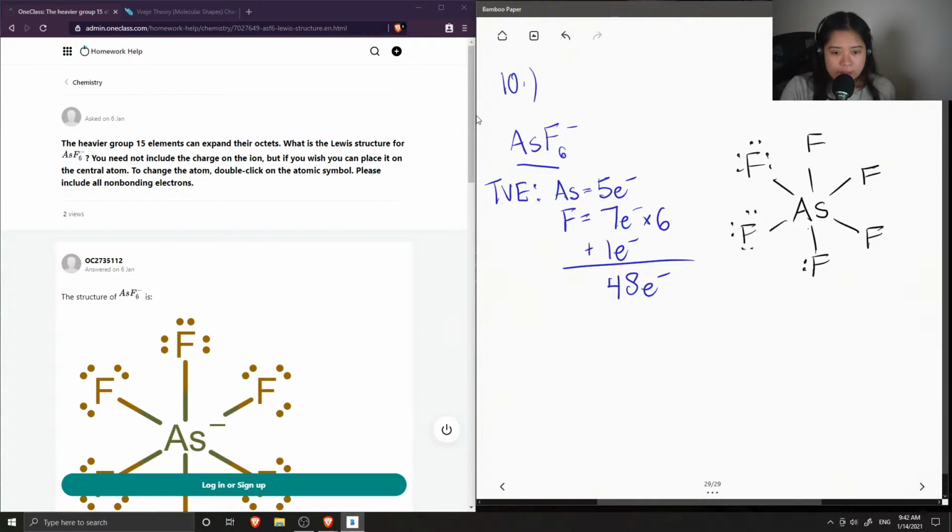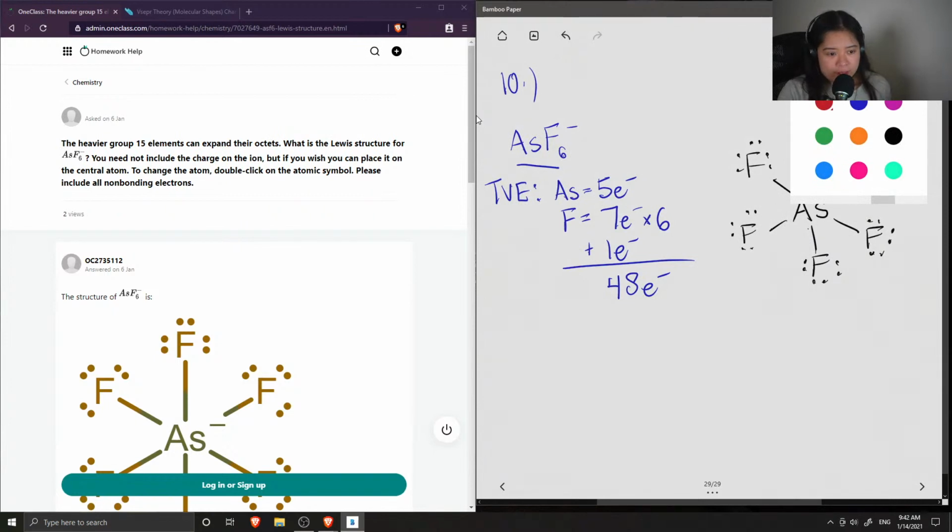Then from here, we can count out how many electrons I've drawn so far. Each bond contains 2 bonding electrons, and each of the fluorines contains 6 non-bonding electrons. If we count that all out, we get our 48 electrons already.